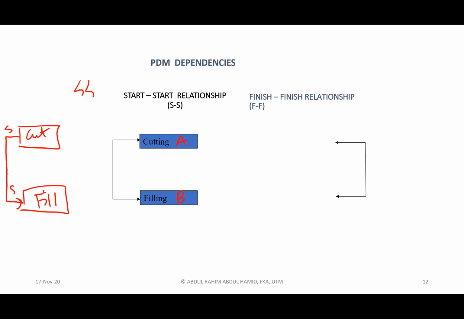So when you connect both activities together, the arrow that shows the relationship should have the tail and then the arrowhead. This is the tail, and this is the arrowhead. That should be the correct way, okay?